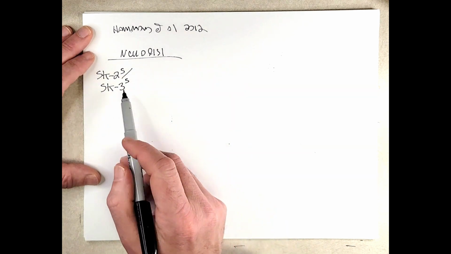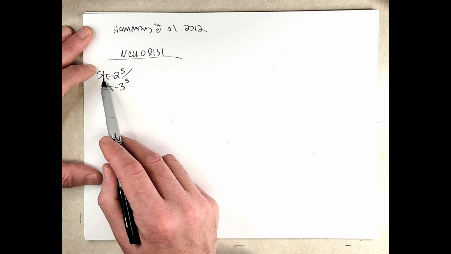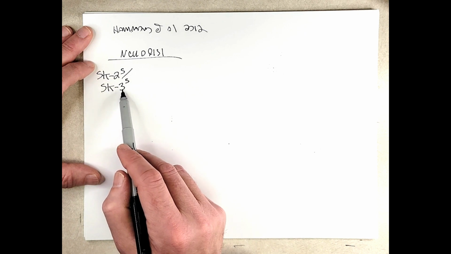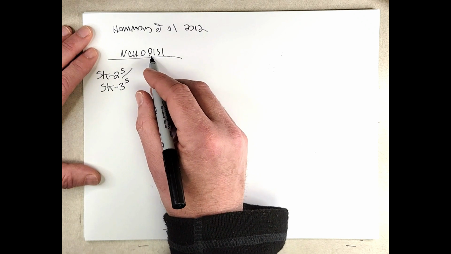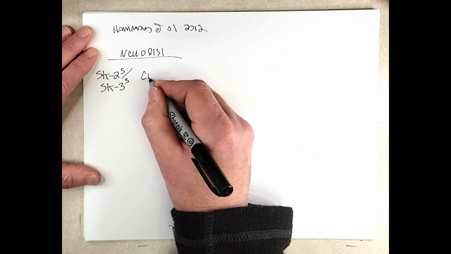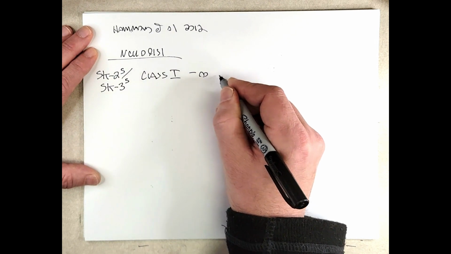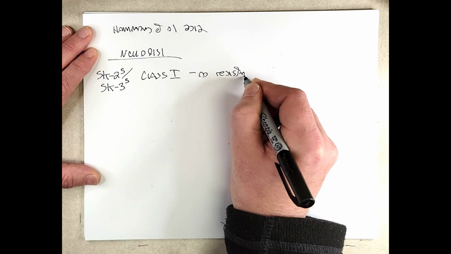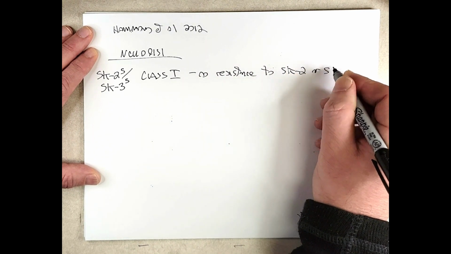Remember in the previous videos when we said a strain had the SK2S genotype or the SK3S genotype, those strains have an allele of NCU09151 that confers no resistance. Class 1 is no resistance to SK2 or SK3.